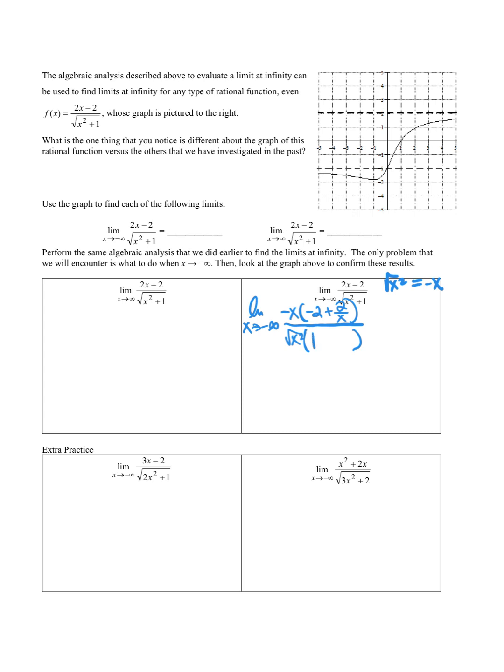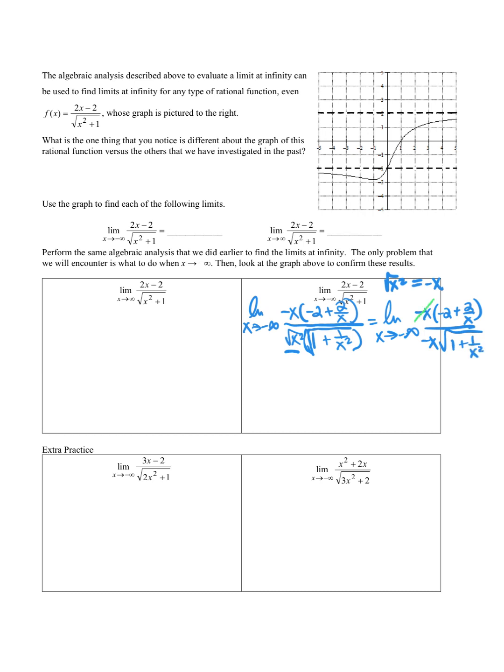X squared divided by x squared will be 1, and then 1 over x squared for the second part, all under the square root here. Okay? So this square root of x squared is really just negative x, so we'll rewrite this. The limit as x approaches negative infinity, negative x times negative 2 plus 2 over x, all over negative x times the square root of 1 plus 1 over x squared.